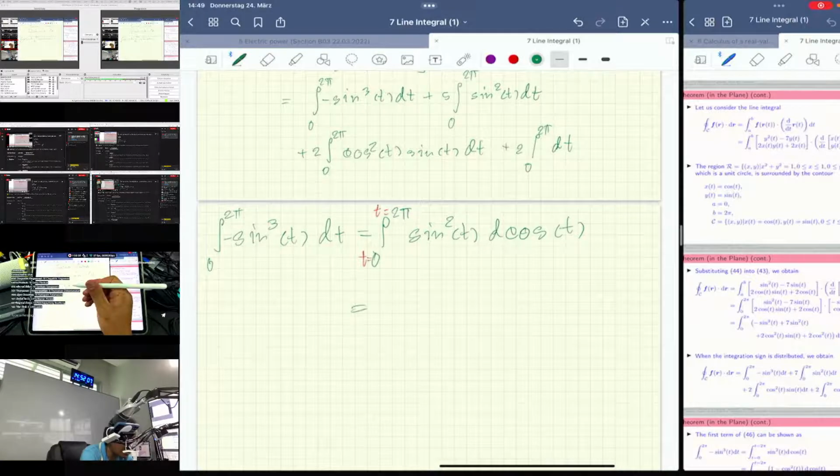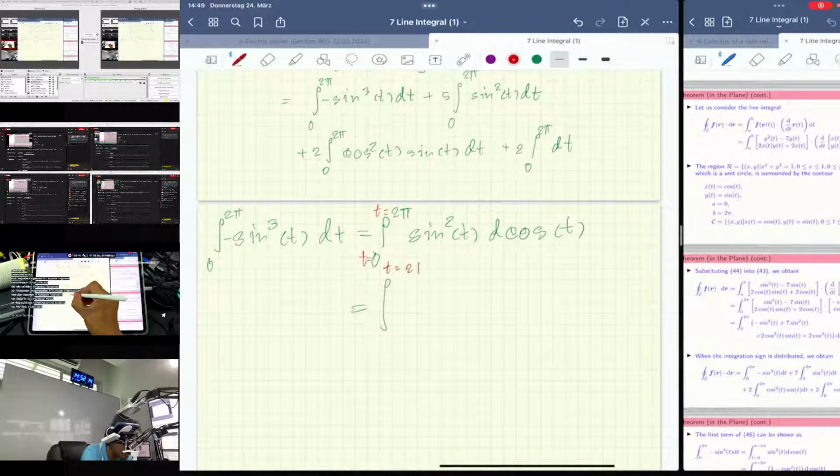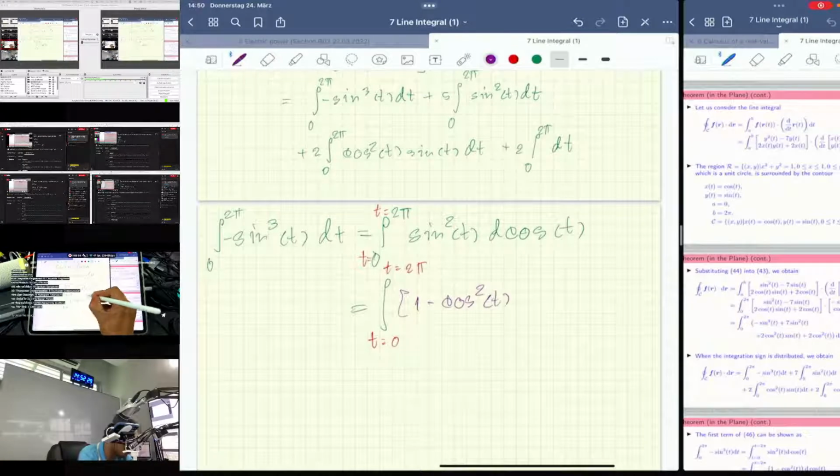And yes, of course, t to 2 pi, t to 0. And sine square is actually 1 minus cosine square t, right? And there is differentiation with respect to cosine t.